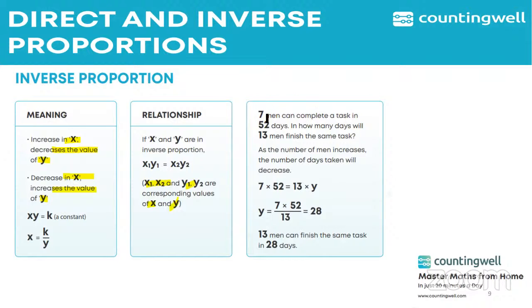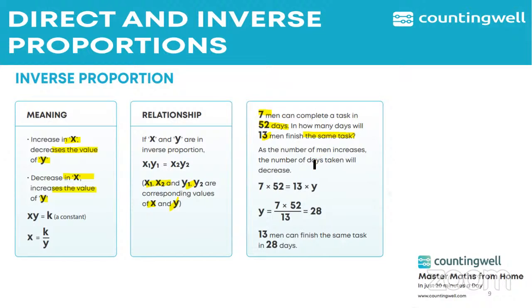So here the example is, if 7 men are completing a task in 52 days, then the question is to find in how many days 13 men will finish the same work. So what do you feel? If the number of men increases, will the number of days taken increase, or will the number of days taken decrease?